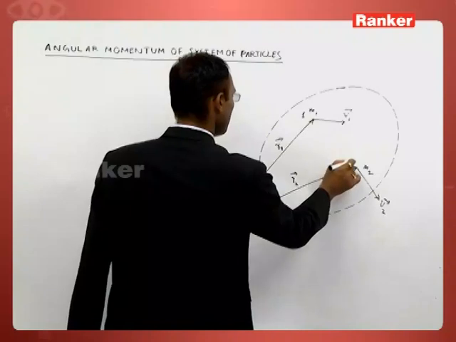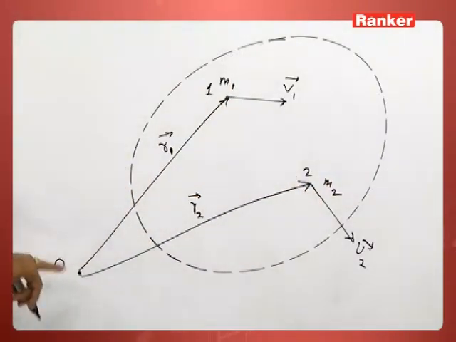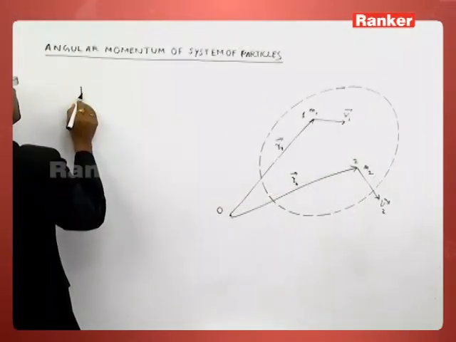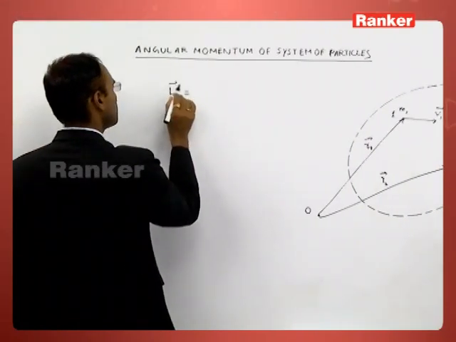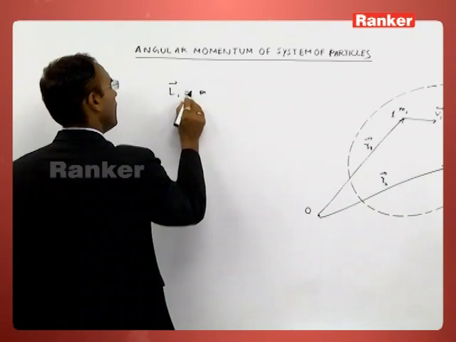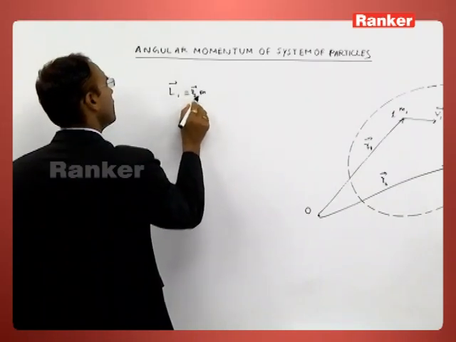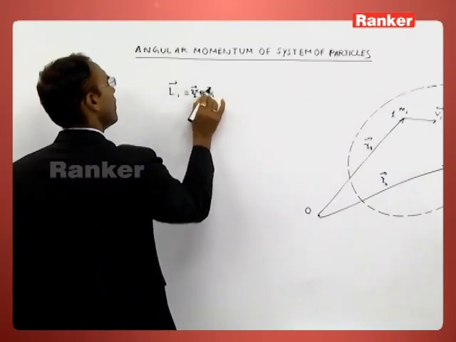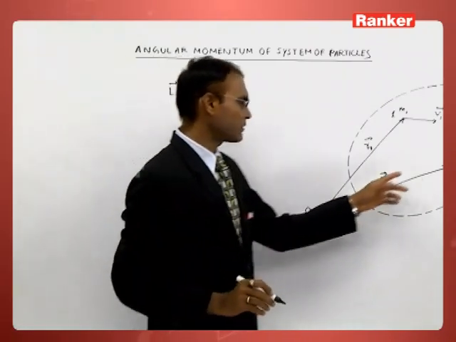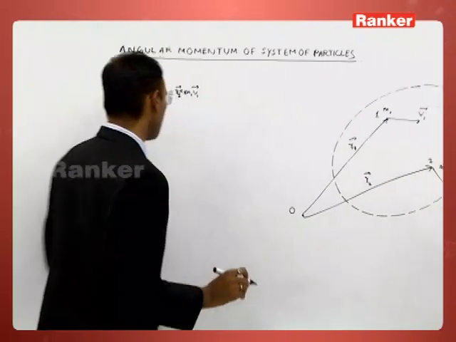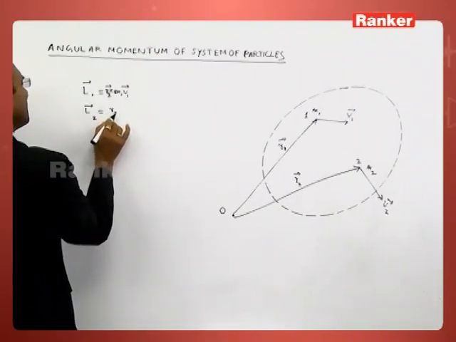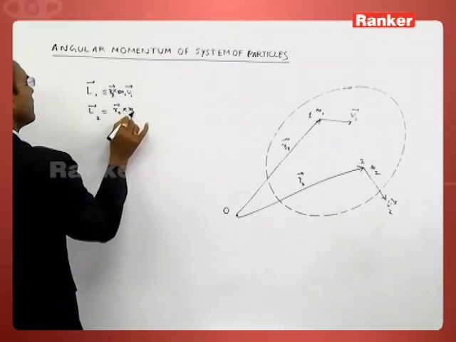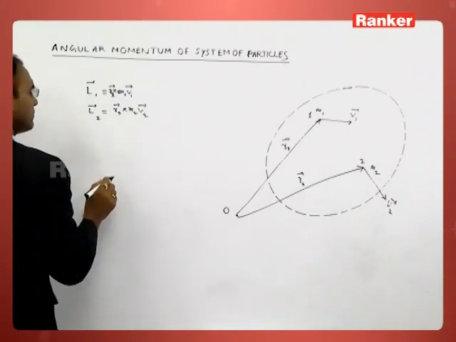Angular momentum of the first particle with respect to the reference point is L1 is equal to r1 cross m1 v1. Angular momentum of the second particle with respect to the reference point is L2 is equal to r2 cross m2 v2.